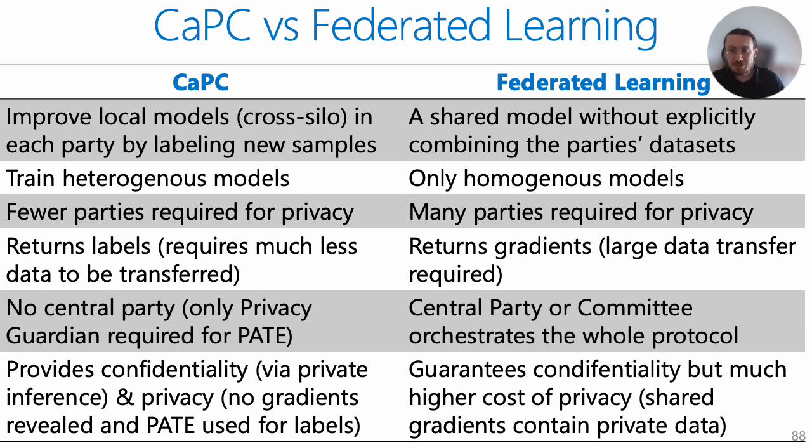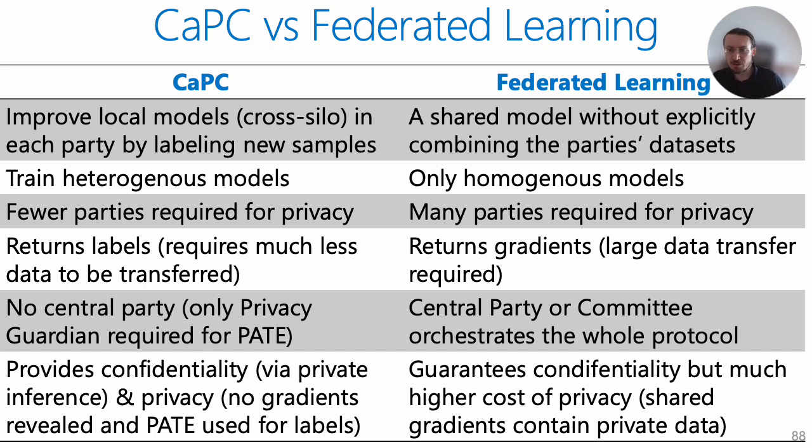And now, Capsi also requires fewer parties for privacy. So Capsi, for example, can operate with hundreds of parties, and usually for federated learning, we have to have many more parties to ensure privacy. Capsi returns labels, while federated learning operates on the gradients.